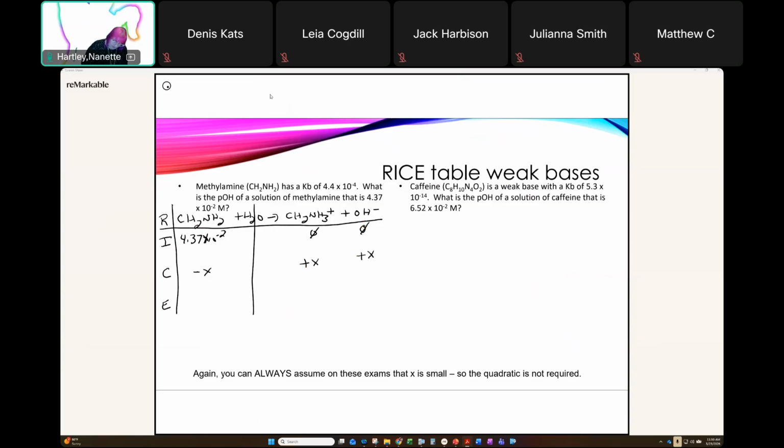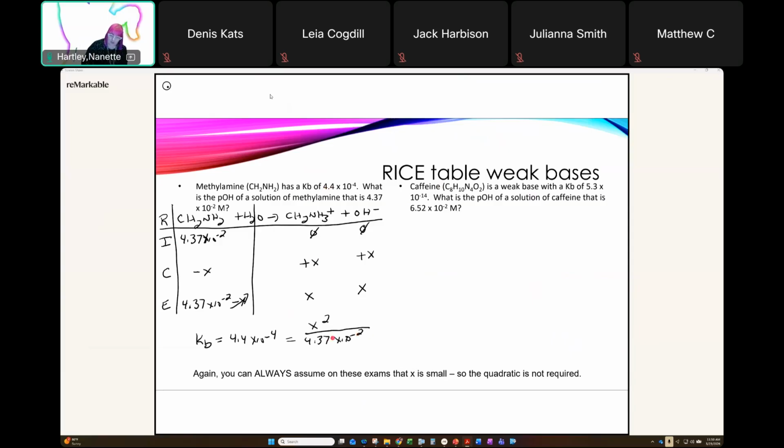So at equilibrium, we're looking at 4.37 times 10 to the minus 2 minus x. X is small, so I can ignore it. X and x. My Kb is equal to 4.4 times 10 to the minus 4th. That's given to me right here. And that's equal to x squared over 4.37 times 10 to the minus 2.